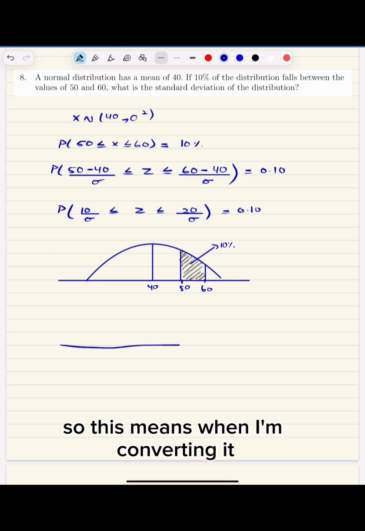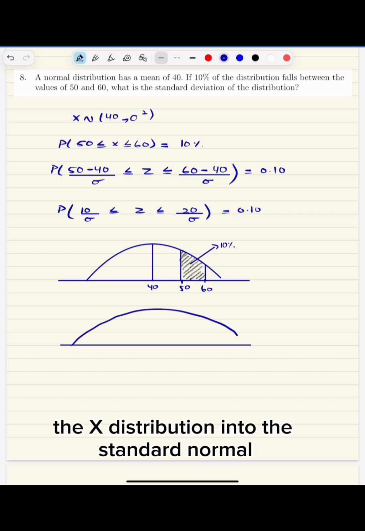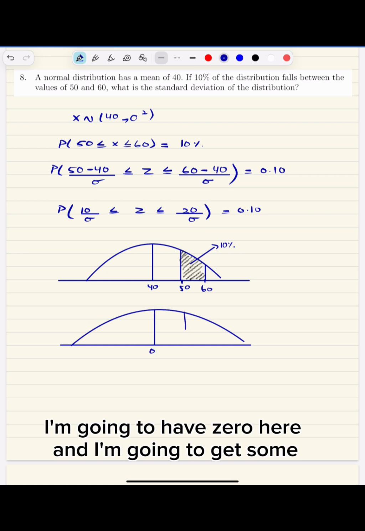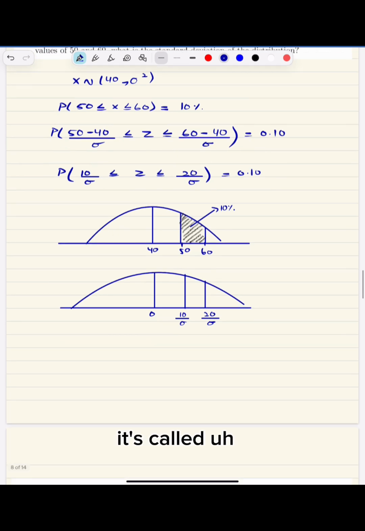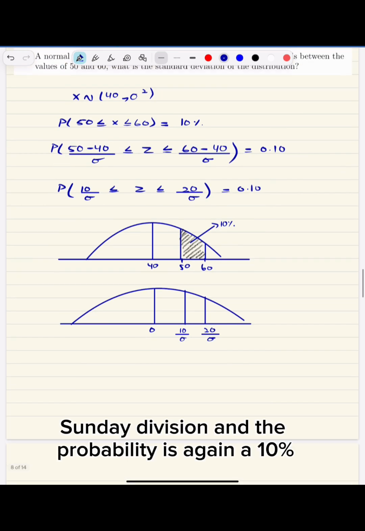So when I'm converting the X distribution into the standard normal, I'm going to have 0 here, and I'm going to get 10 over sigma and 20 over sigma, the standard deviation, and the probability is again 10%.